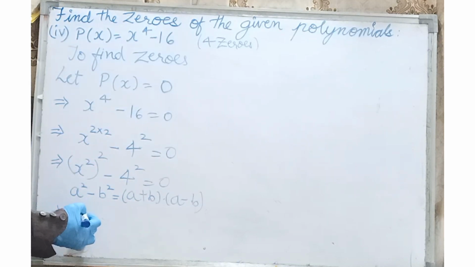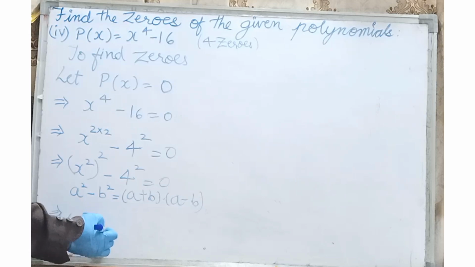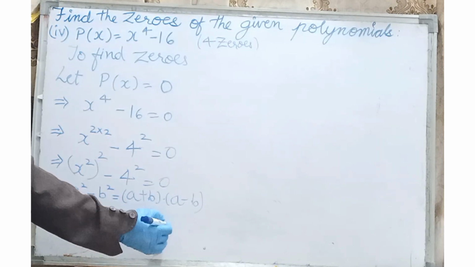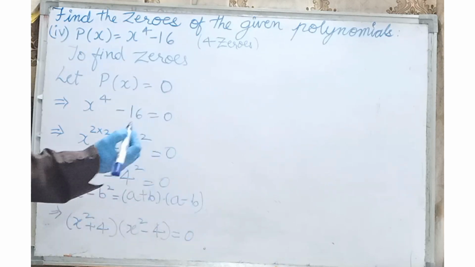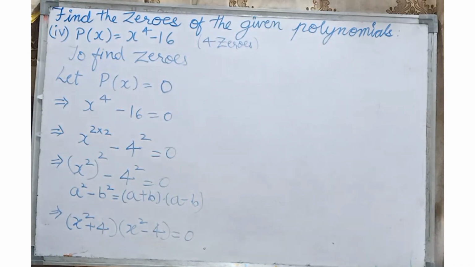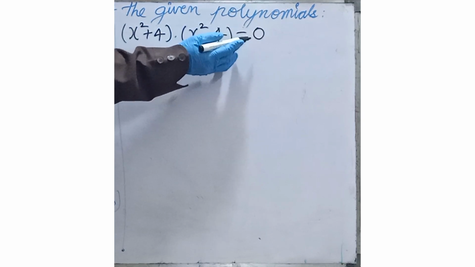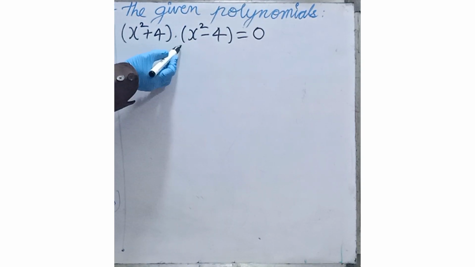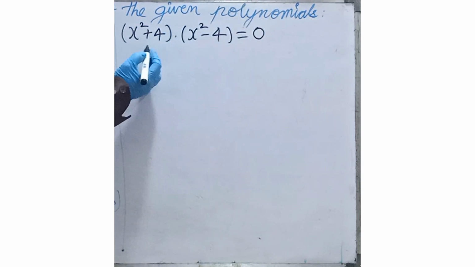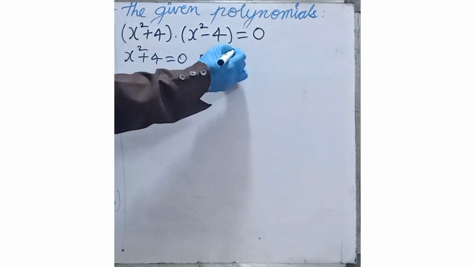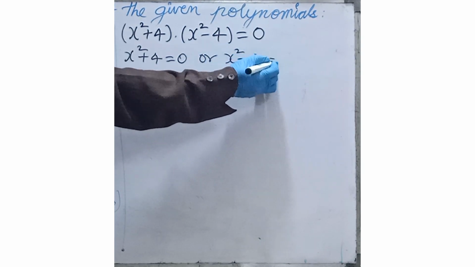So it can be written as (x square plus 4)(x square minus 4) equal to 0. That is, the product of these two is equal to 0. That means x square plus 4 equal to 0 or x square minus 4 equal to 0.